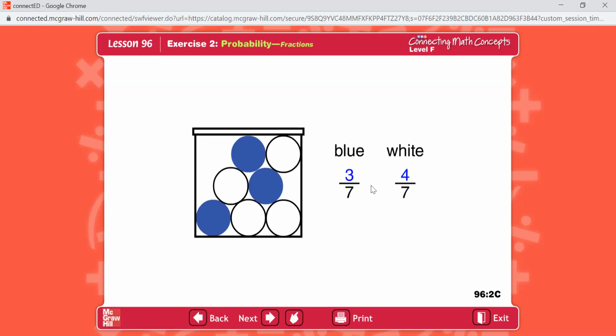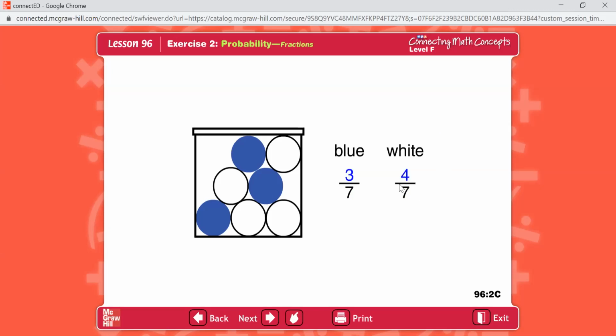So which of these two fractions is closer to 1 whole, 7 out of 7? Our white marbles fraction is closer to 7 out of 7, closer to 1.